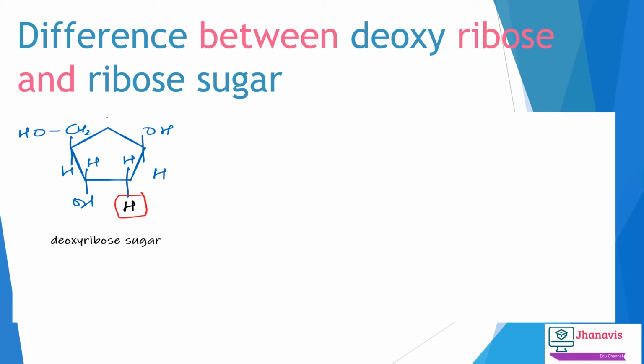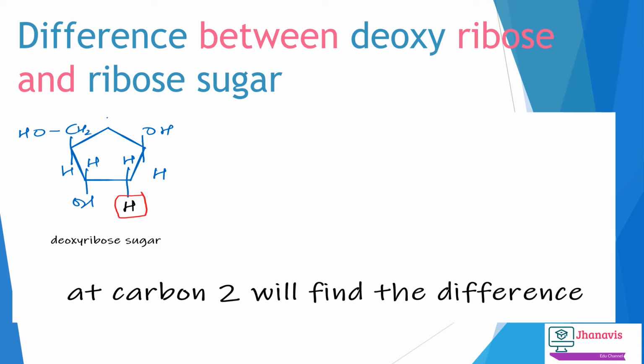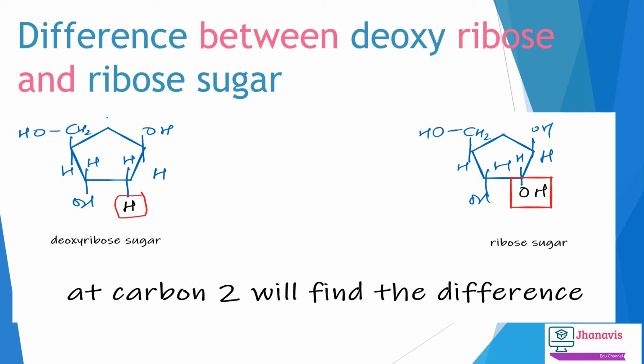At the second carbon atom, only H is present in the deoxyribose sugar. That means instead of OH, the O is removed and only H is present. Deoxy, D, means removal of the oxygen from carbon 2. Hence we call it a deoxyribose sugar.